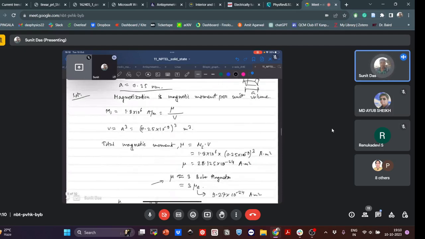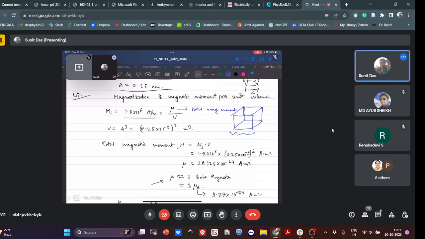So let's say we have a body centered cubic material. The overall magnetization of this material is the total magnetic moment per unit volume, that means the volume of this unit cell, given as 1.8 into 10 to the power 6.